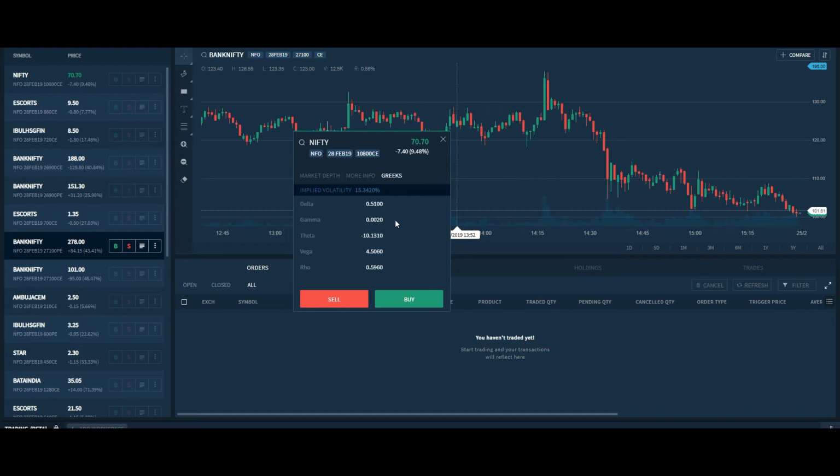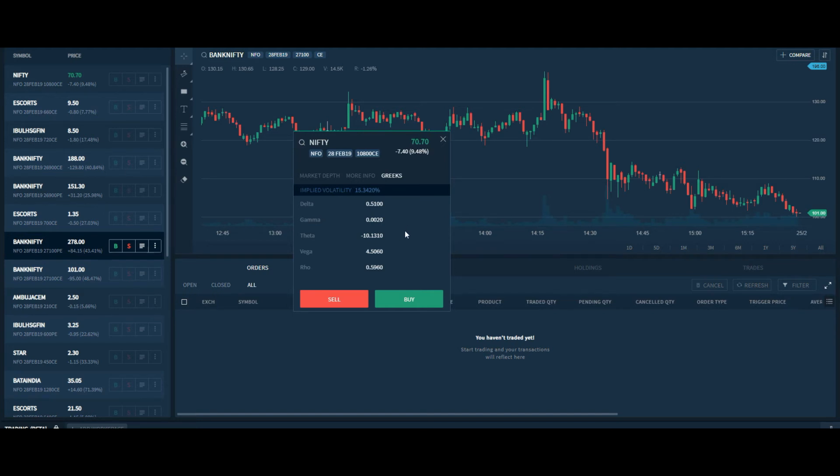Let's understand this a little further. If we see a change in the index by 10 rupees, and the delta is at 51 and the gamma is at 20, what we can say is 0.0020.